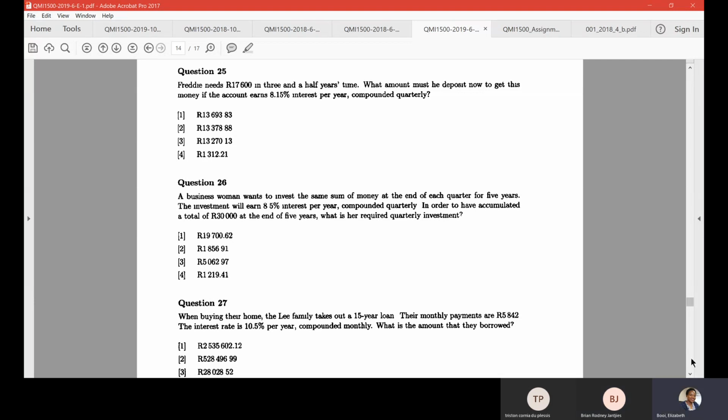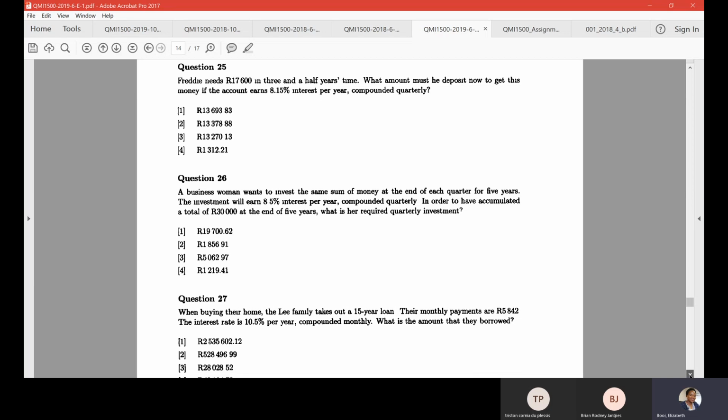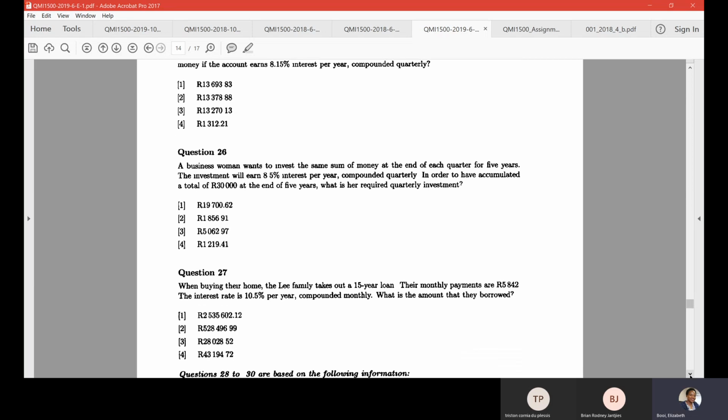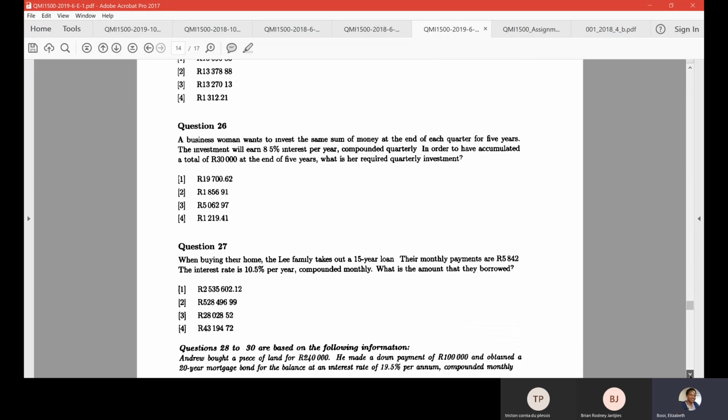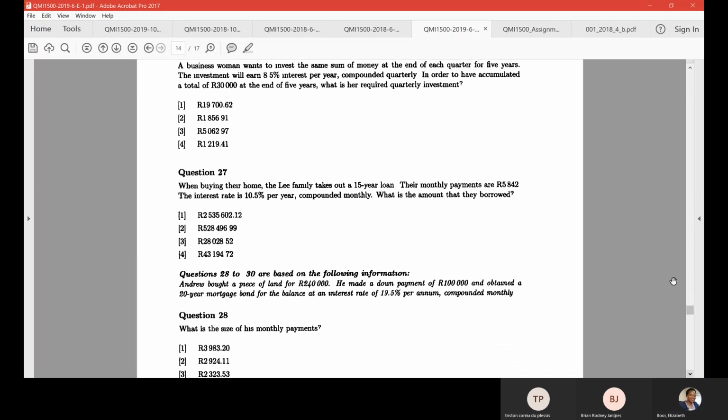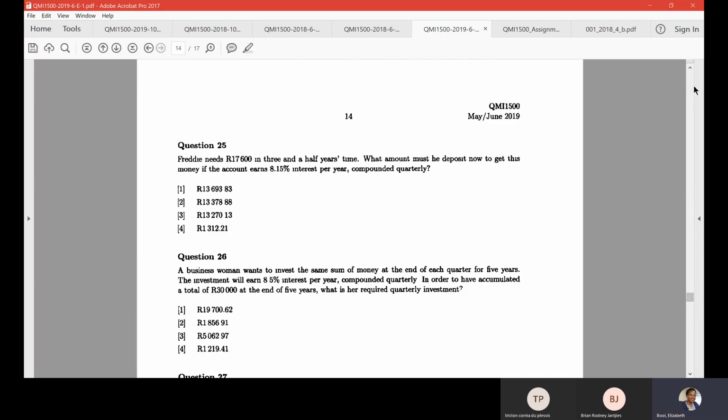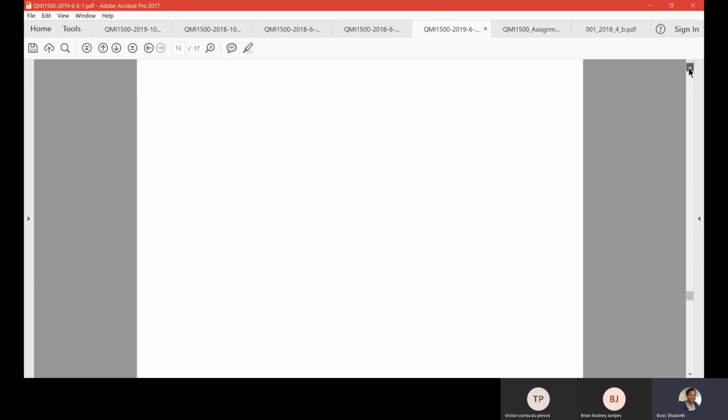Okay, so that is payment. This one does not have time value of your money. That's payment, and amortization is the last question. That's payment. It's annuities, that one.